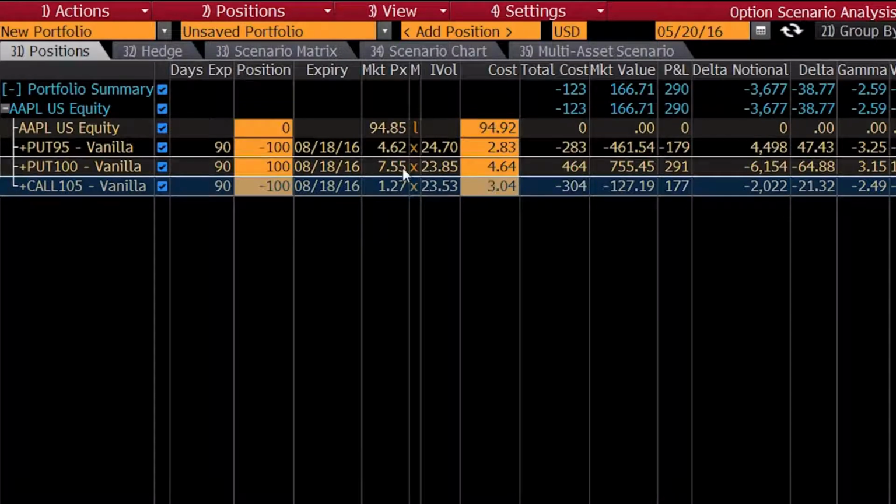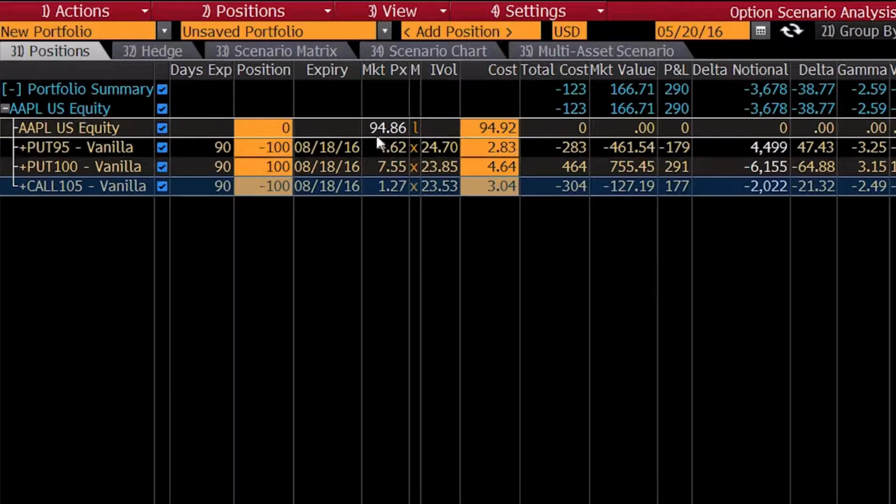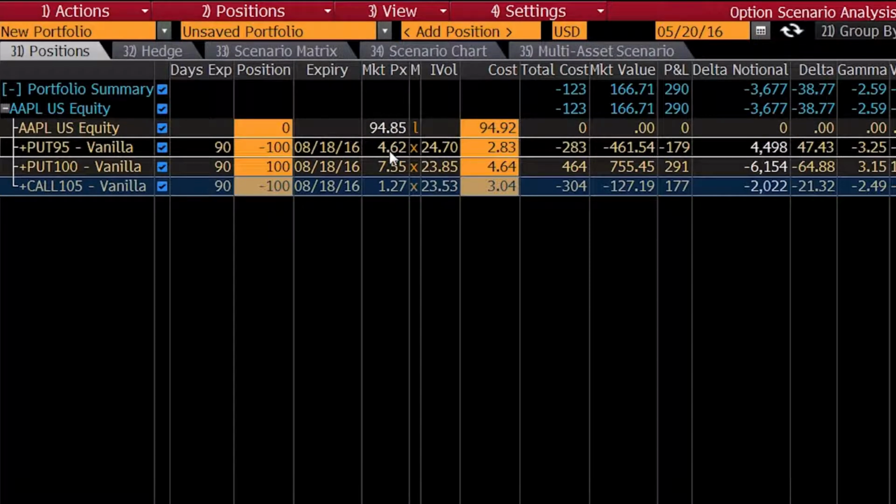Okay, now, because the underlying right now is trading at 94.86, which is different to 100, the market prices of these options will be different to the cost price. That's because of the delta and gamma associated.